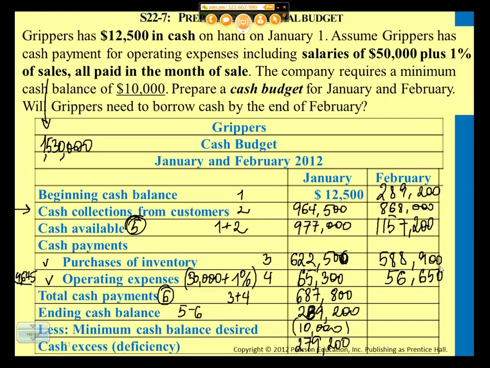Okay, how do we calculate total cash payments? The sum of two, right? Purchases of inventory and operating expenses. What is the sum? 550. Okay. Next, what is the ending cash balance?